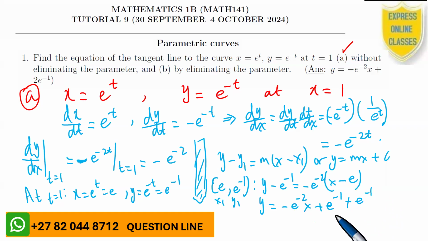Minus e to the minus 2 x plus 2e to the minus 1. And therefore, that would be the answer.